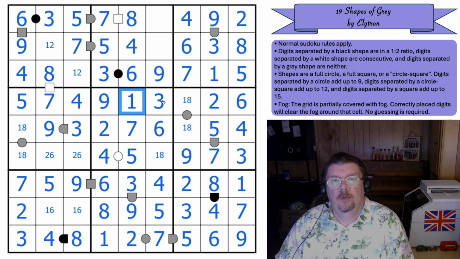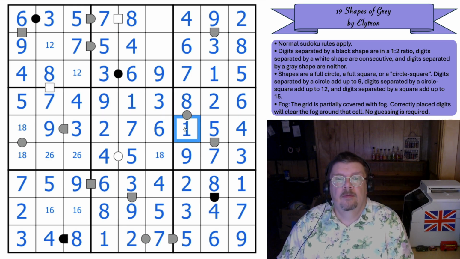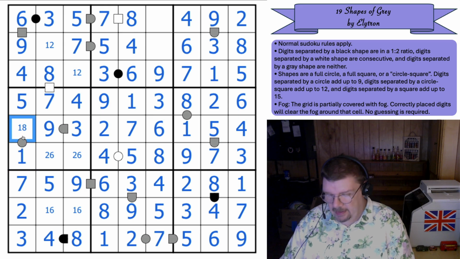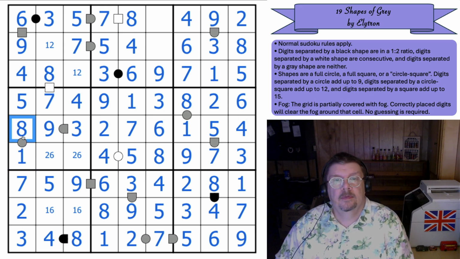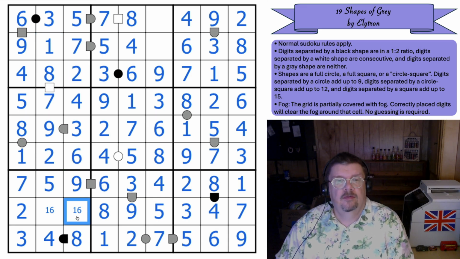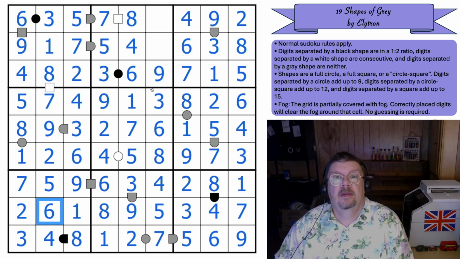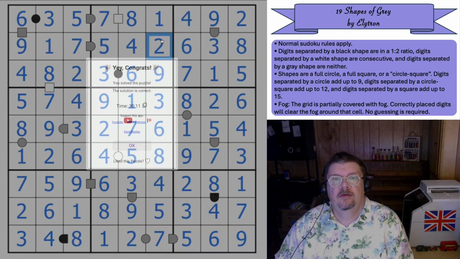This 8 makes this a 1. This 8, 1. That's 8. That's 1. That's 8. This 1 makes this 2 and 1, which resolves my 2 and 6. And that resolves my 1 and my 6. And then I need a 1 and a 2 to finish off.